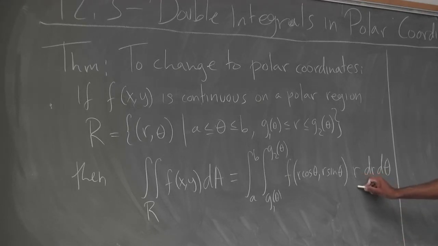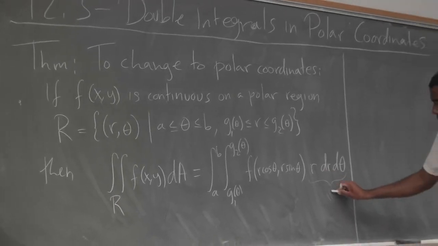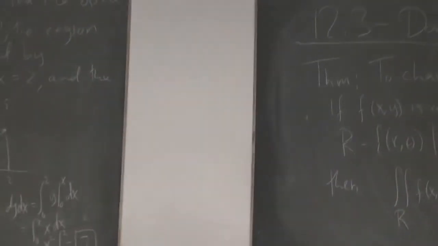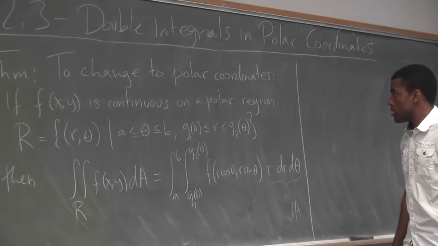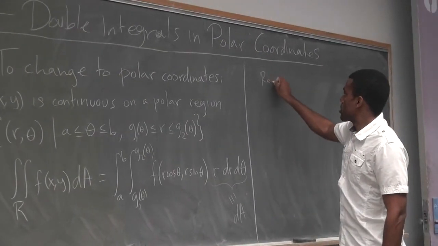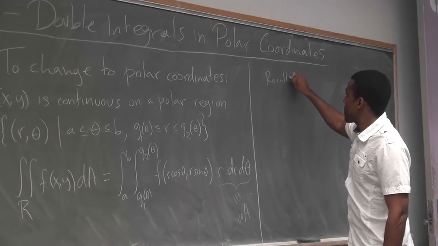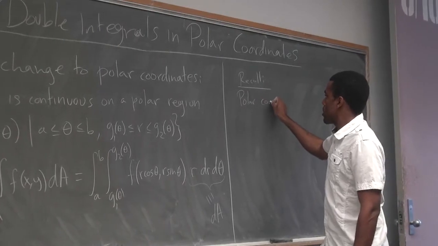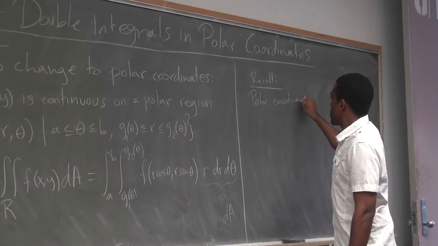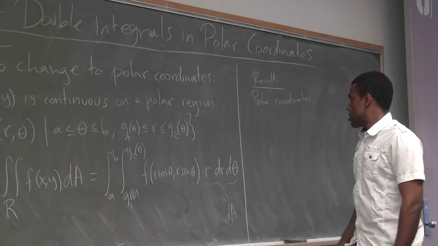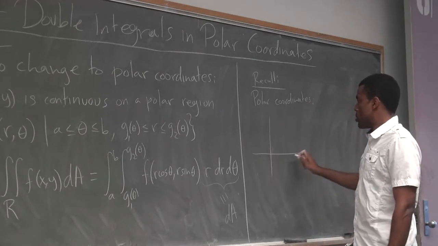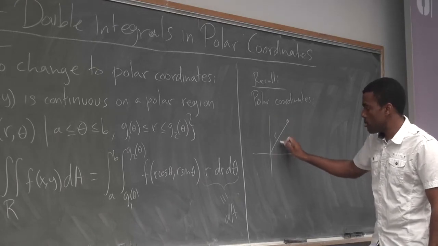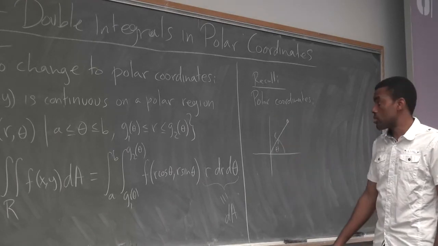Notice that your dA, in polar coordinates our variables are r and theta, right? This is where we try to locate a point based on a distance from the origin, which we call r, and an angle theta measured from the positive x-axis.